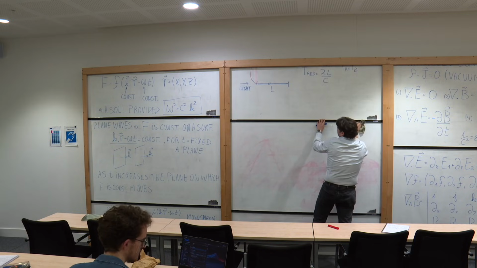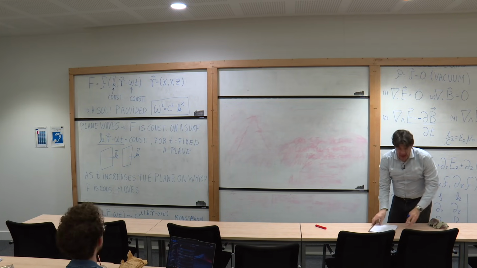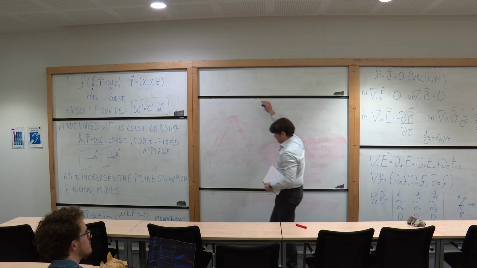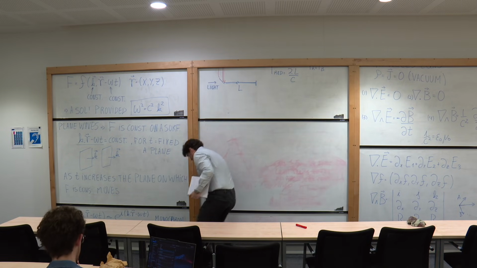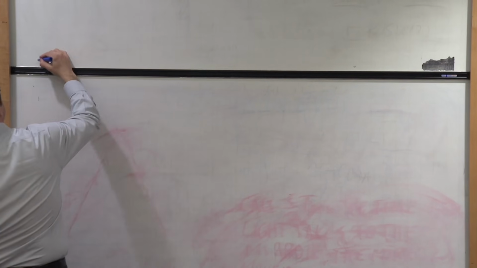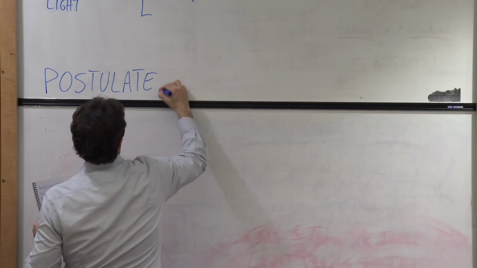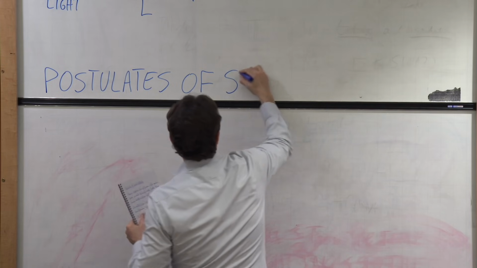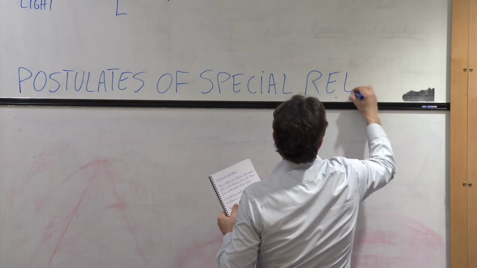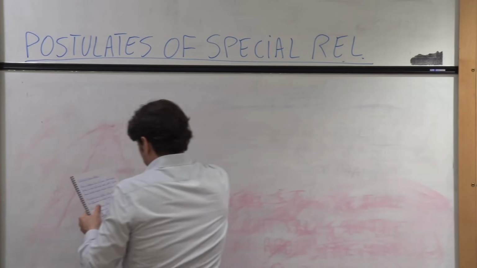And because of that, Albert Einstein said, we need to forget about them and we need a new set of postulates, okay? So he wrote the postulates of special relativity, and they are as follows.